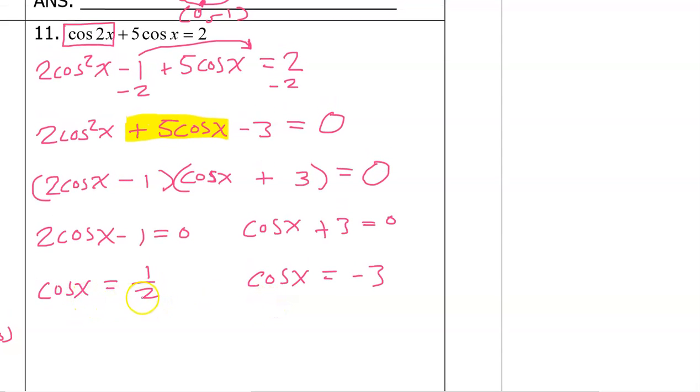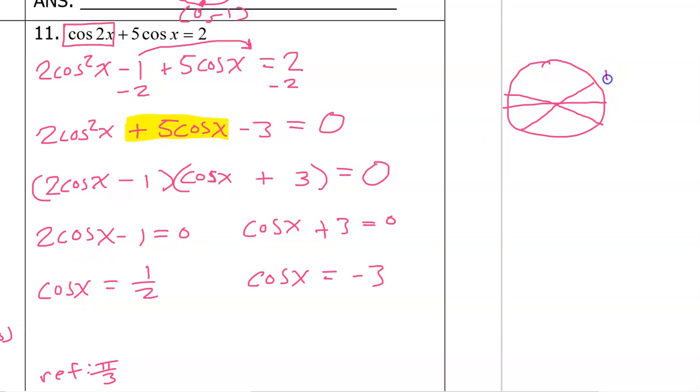Cosine of what angle is equal to 1/2? Well, the reference angle here is pi over 3. Okay, that's the reference angle. But this is the picture that you should be imagining. There are 4 angles that have a reference angle of pi over 3. There's one in every quadrant.